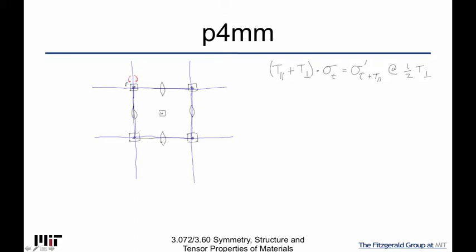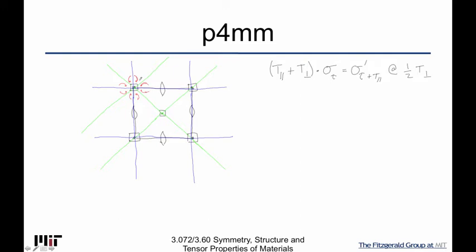Related to this, passing through here, once you do a 4mm here, I have these mirror planes that are also passing through the standard cell like that.